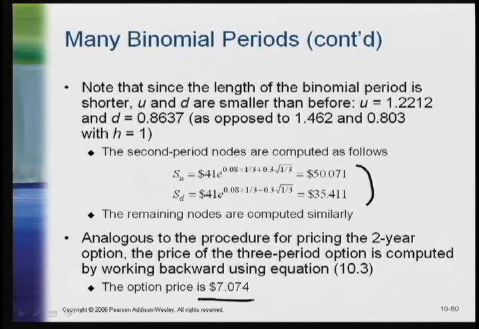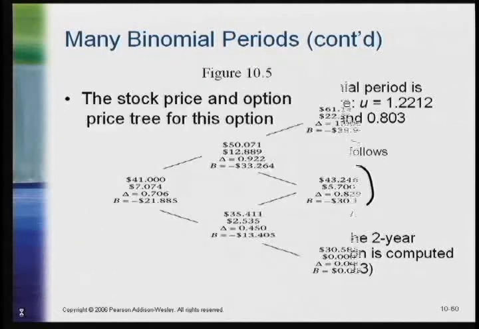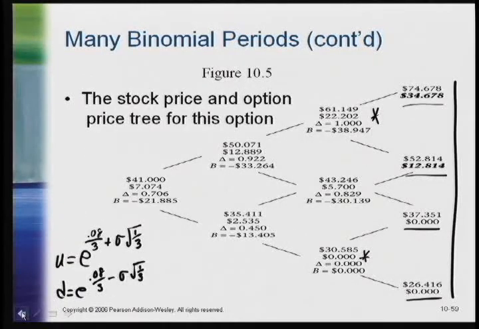To do it that way would require, we can see how many calculations, namely that we would calculate 1, 2, 3, 4, 5, 6. You can see that it would require 6 backward substitution calculations in order for us to ultimately get the price of $7.07.